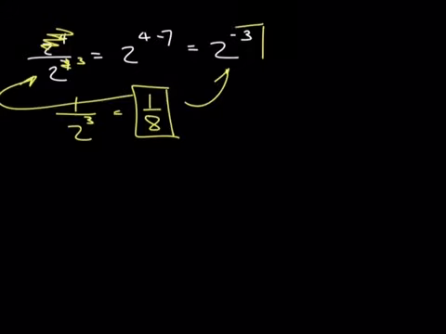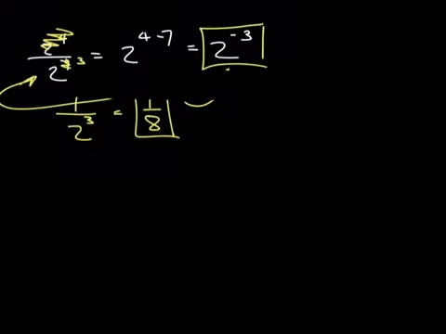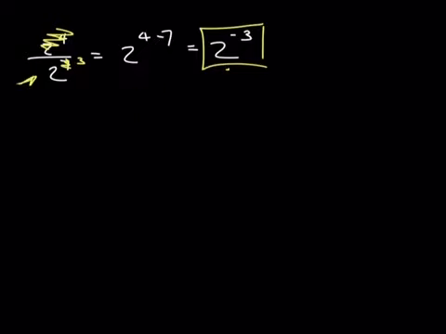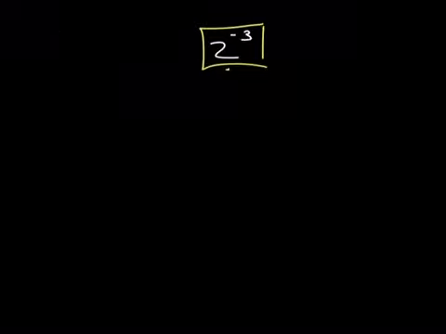Now that we got 2 to the negative 3, let's see what in the world that actually means. Anytime you have a negative exponent, what that means is that the number with the exponent is in the wrong place.